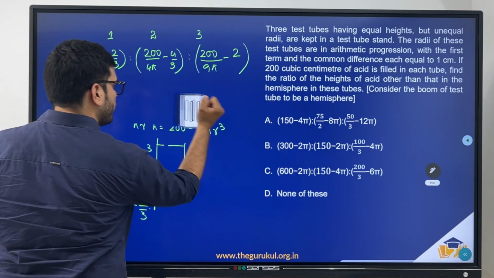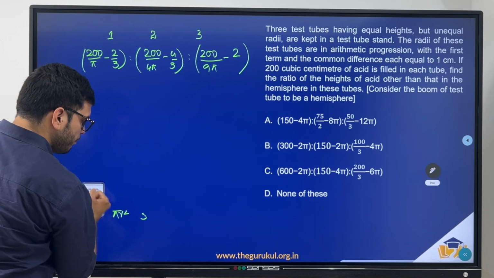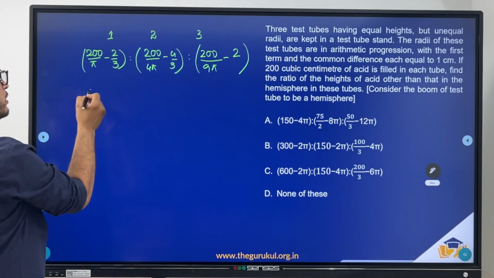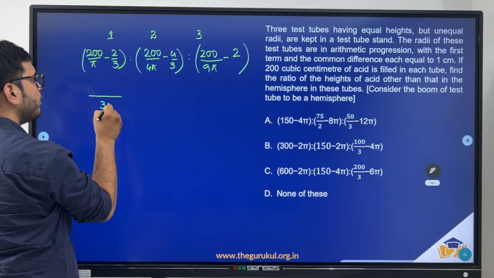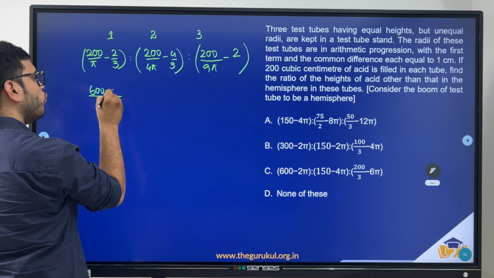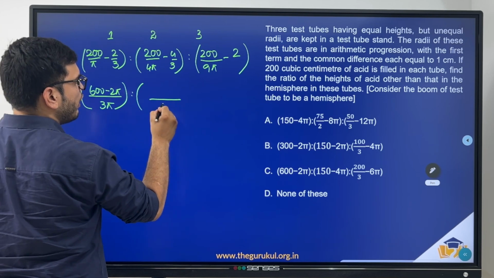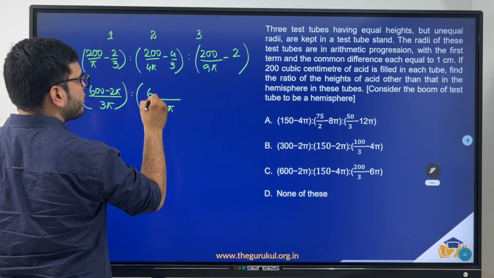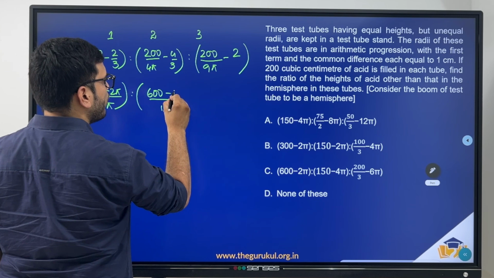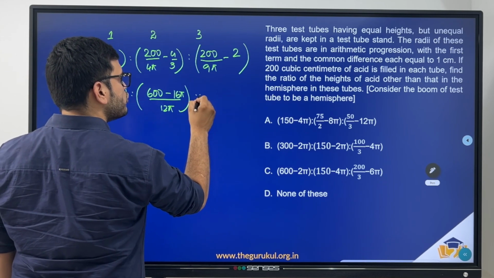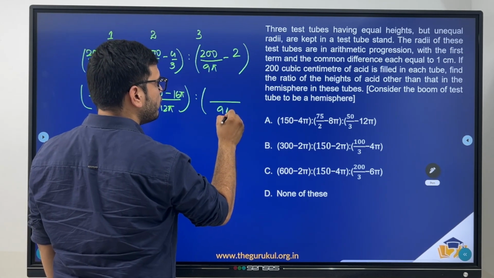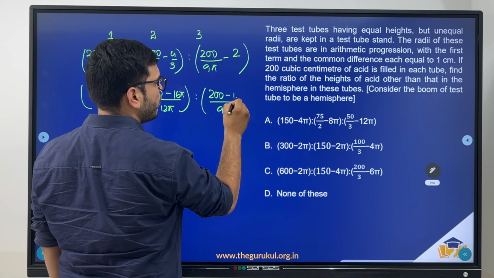Now let us simplify this. If I further simplify this by taking LCM, you will be having 3 pi here, 600 minus 2 pi is to, now we'll be having 12 pi here, 600 minus 16 pi is to, we'll be having 9 pi here, 200 minus 18 pi.